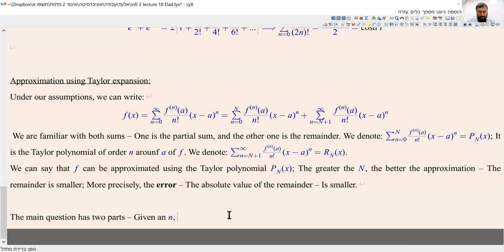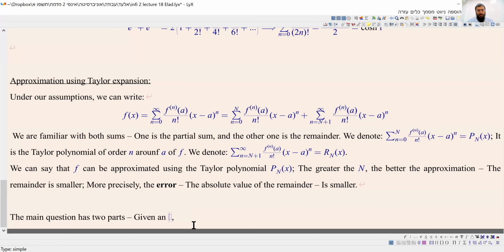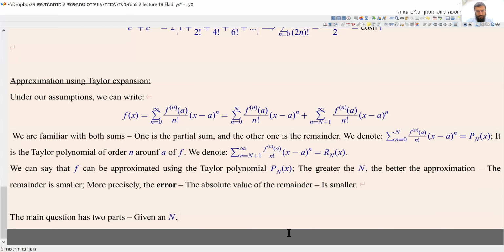Given an n, or big N, how can we evaluate, I'll use this word nonetheless, evaluate the error?